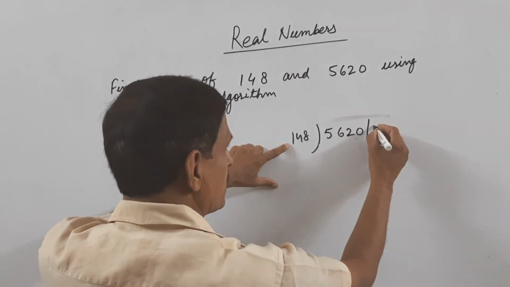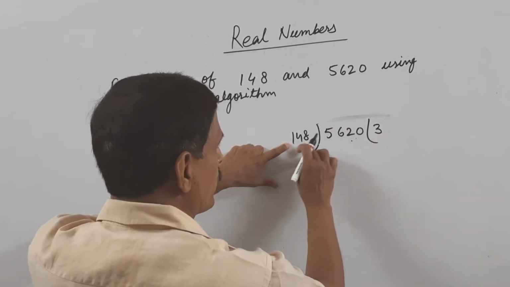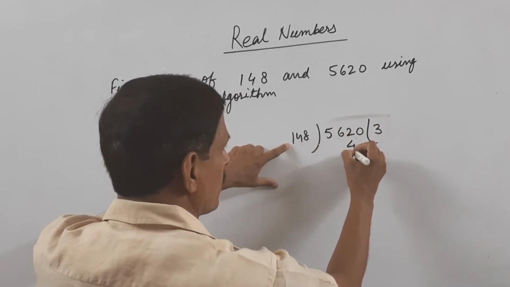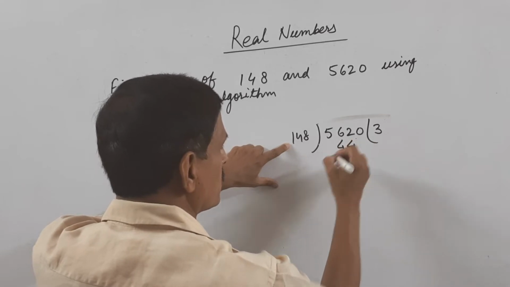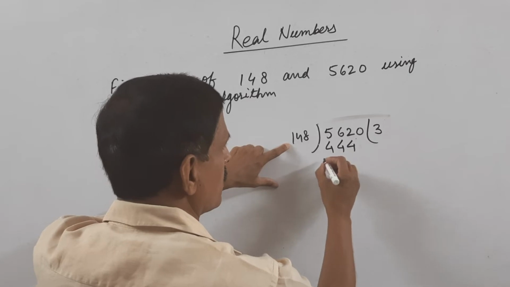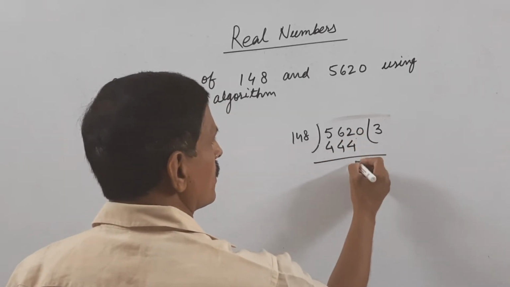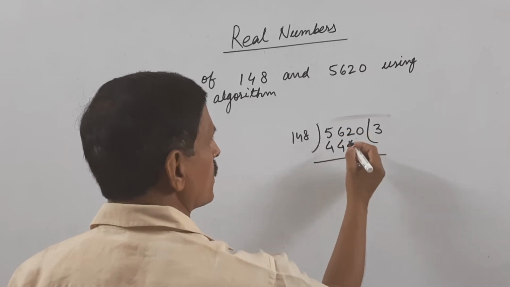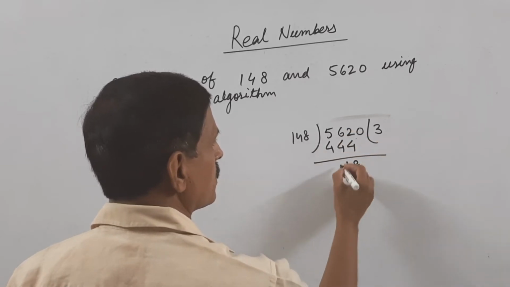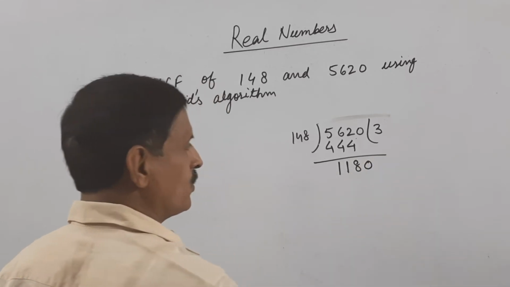This is 3 times. We multiply 148 by 3. Now we copy 0.